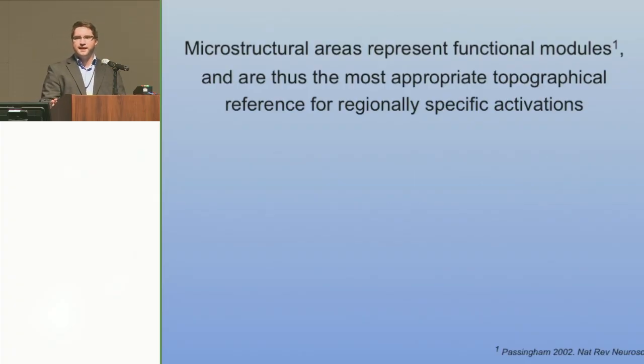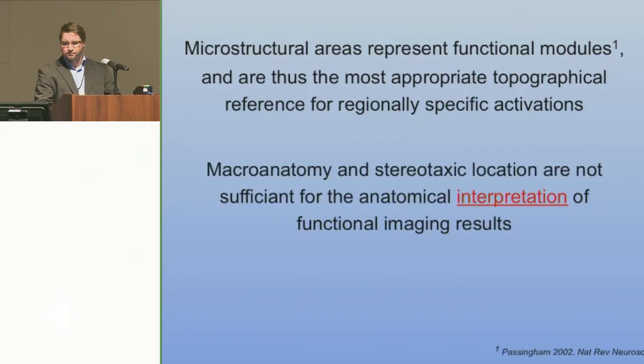It is basically any effect you see in neuroimaging, because the opposite of regionally specific would be global. So really anything that brain mapping is about is localizing regionally specific effects. And given what I said earlier about local microstructure and connectivity, we need to reference these regionally specific findings to microstructural areas.